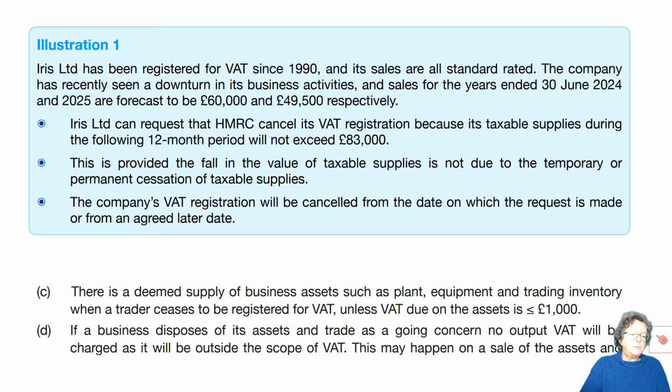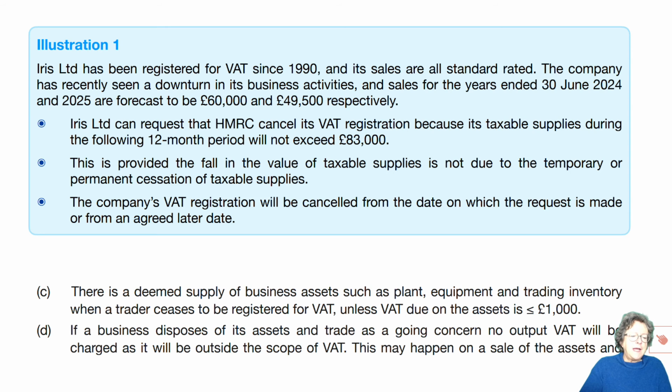Iris Limited has been registered for VAT since 1990. All the sales are standard rated. The company has recently seen a downturn in business activities, and sales for the year ended 30th of June 24 and 5 are forecast to be 60,000 and 49,500 respectively. Things are going down.